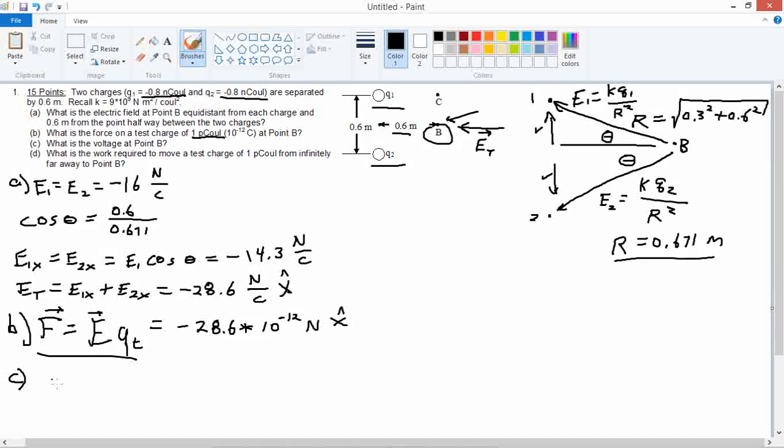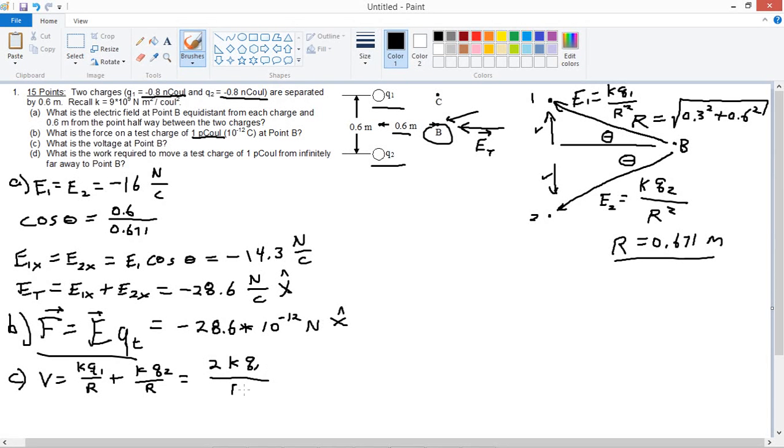C, voltage. We've already got R. So the total voltage is just going to be kQ1 over R plus kQ2 over R. Q1 and Q2 are identical, so 2kQ.